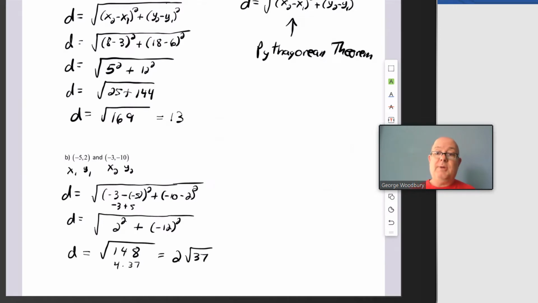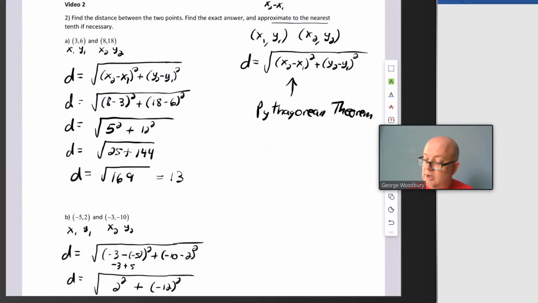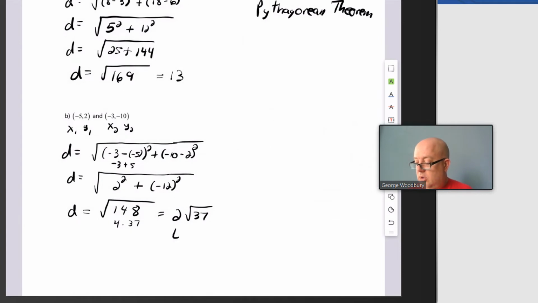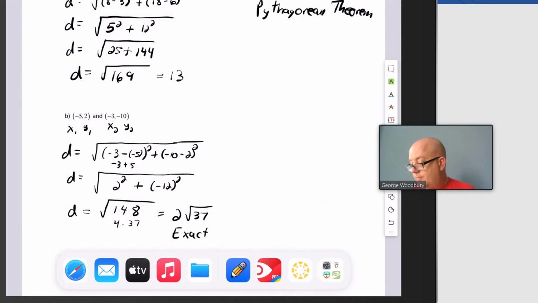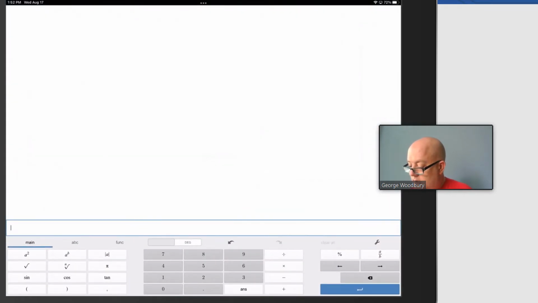Now, to get an approximation, the problem said to approximate to the nearest tenth, I need to turn to the calculator. 2 root 37 is exact. Let's go to the scientific calculator to get the approximation. Got my calculator open, and I can type 2 times square root 37.